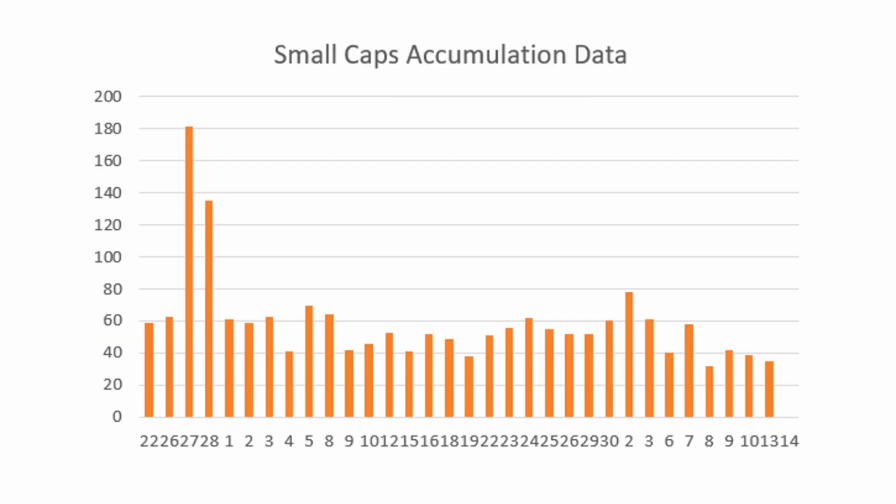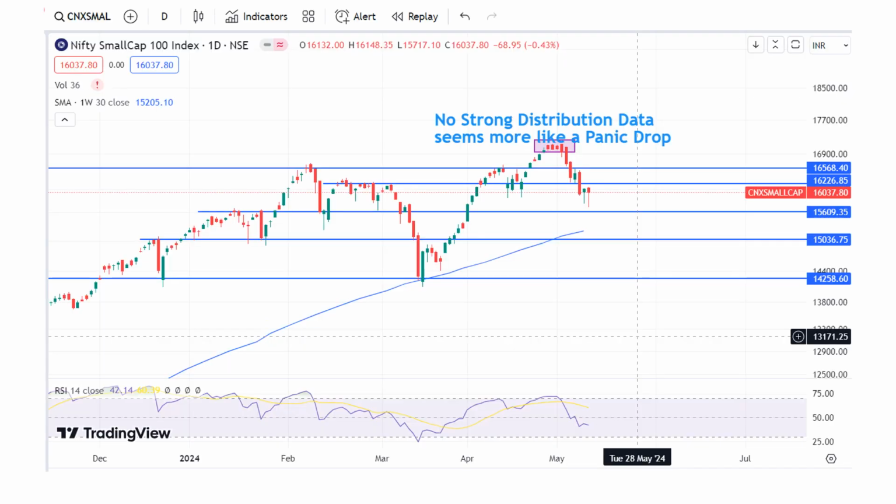Now coming to the small cap analysis. The small cap data is still on the lower side, it is continuously going down. Probably quite low, maybe the second lowest in this whole chart. So the data isn't that great for the small caps, although we are still seeing a hammer candle being made on the small cap index. But like I said, the mid caps are above that support level, whereas here it has broken that support and is currently below the support level of 16,226.